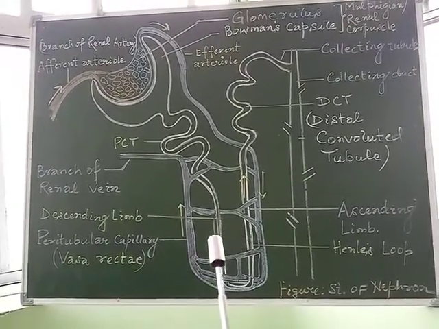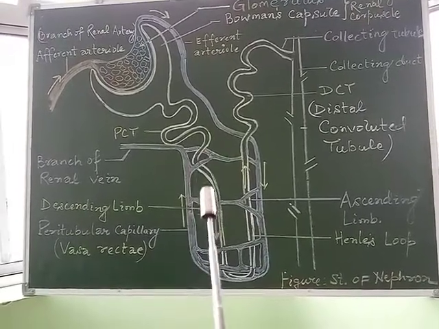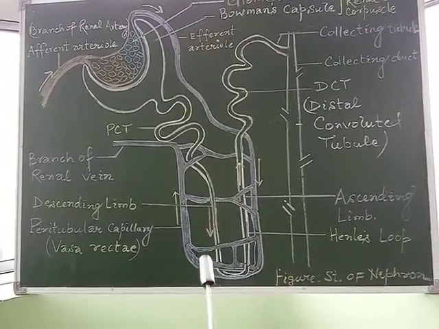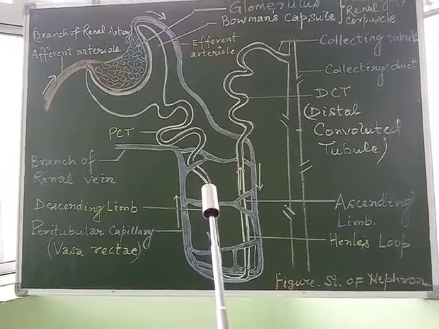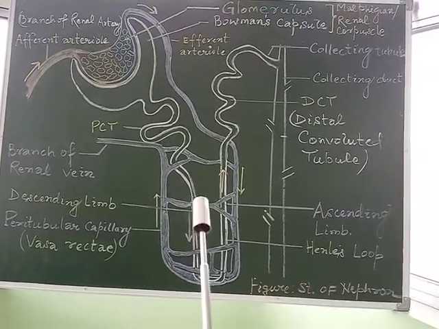So the substances which are reabsorbed again back from the filtrate present within the renal tubules back to the capillary is called tubular reabsorption. The process involves two ways.